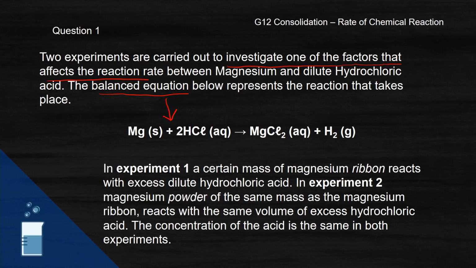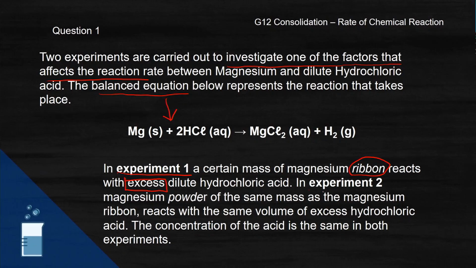In experiment 1, they're telling us a certain mass of magnesium ribbon, let's look at that word ribbon, reacts with excess. Excess means that there's a lot more than is needed for the reaction to take place. So it means that the magnesium then is the restricting agent.